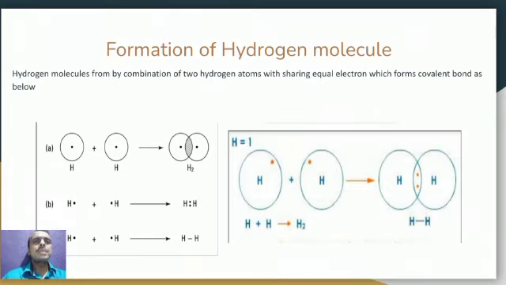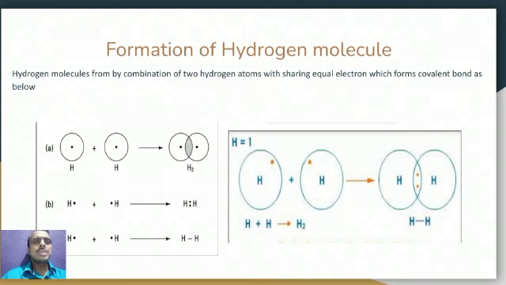Now see the example of hydrogen molecule formation. Each hydrogen atom has one electron in its orbital, and in order to complete the stable electron configuration, the hydrogen molecule requires one electron each, so that will form a covalent bond.